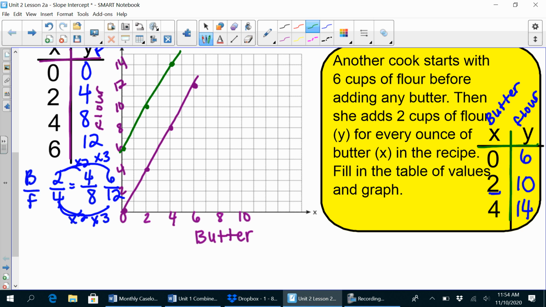Okay? So give yourself a chance just to make sure that you have the tables filled in correctly and that your graph matches. If you used a different scale, meaning counted by different numbers, then it might look different, but you should still have positive straight lines that look similar to what I have here.